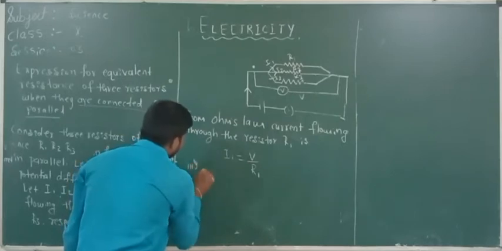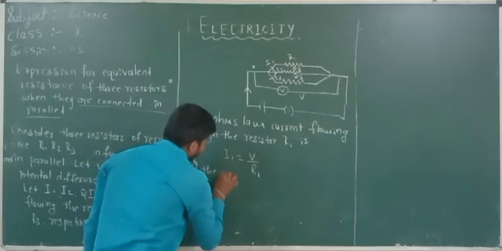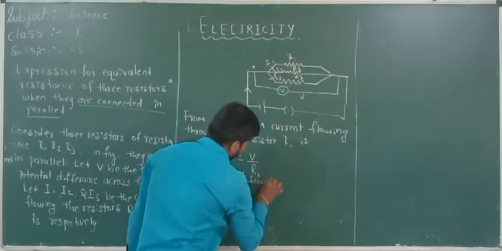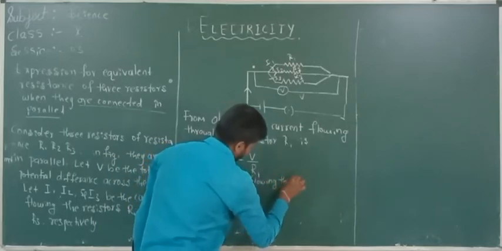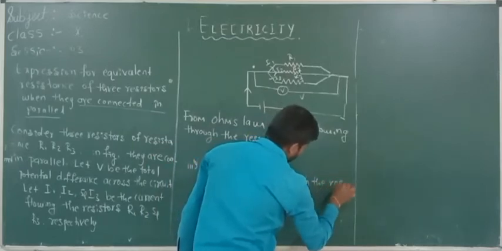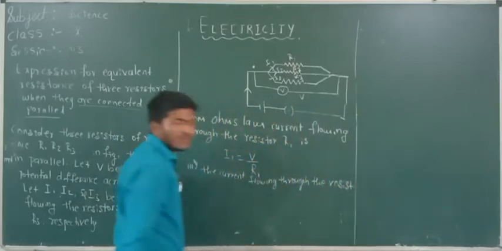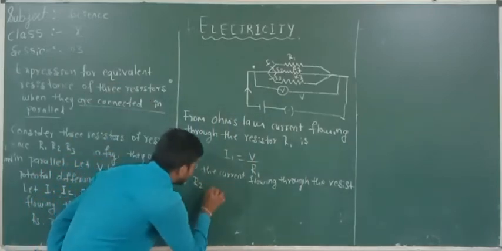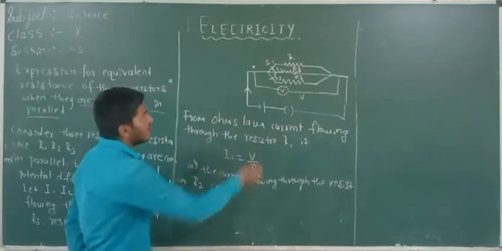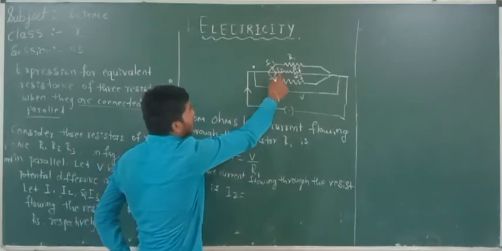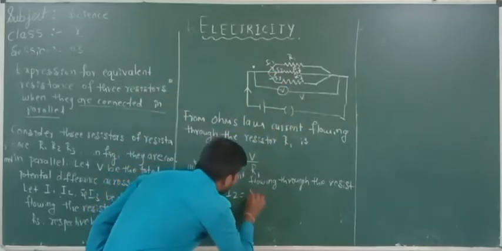Similarly, the current flowing through the resistor R2 is I2 is equal to V by R2.